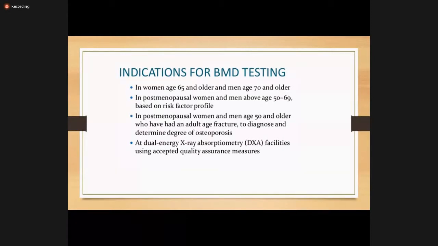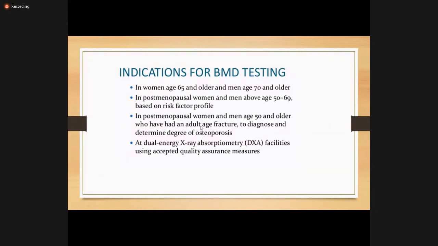But if someone has an additional risk factor, say for example the patient is asthmatic with chronic use of corticosteroids, inhaled or oral or injectable, or someone has an inflammatory condition like rheumatoid arthritis, then this age criterion might not be the only factor. You get bone mineral density or DEXA scanning done even at the age of 50 or 55 years. So if there is an additional risk factor present for development of osteoporosis, you get a DEXA scan even at an earlier stage.